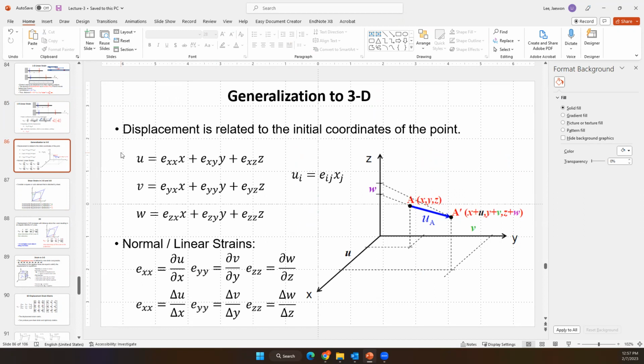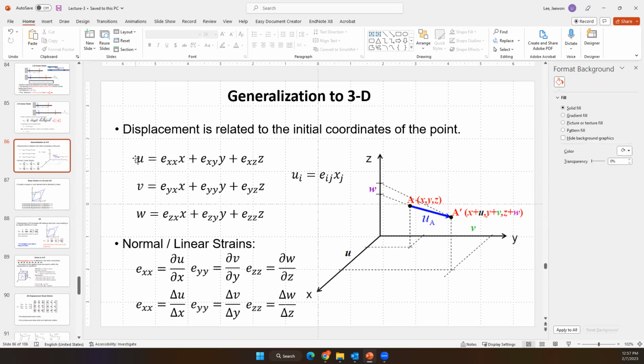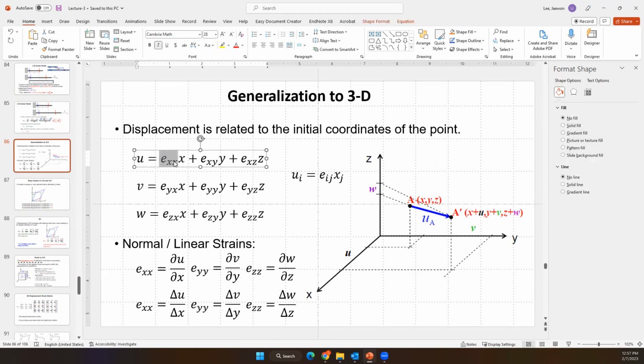In the 3D case, U is related to the X direction force, Y direction force, and Z direction force. V, the Y direction change, is also related to the X, Y, and Z directions.